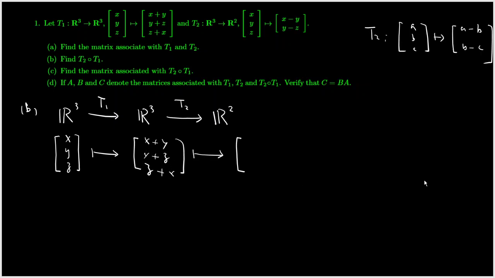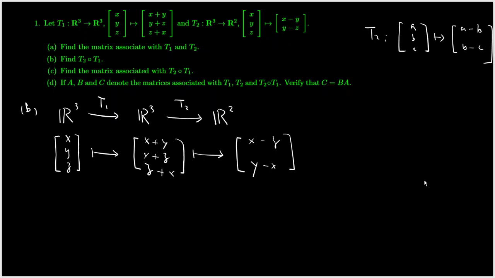So you have x minus z. I think you know what's going on already. And likewise, the second component should be y minus x. The second component is y minus x, right?